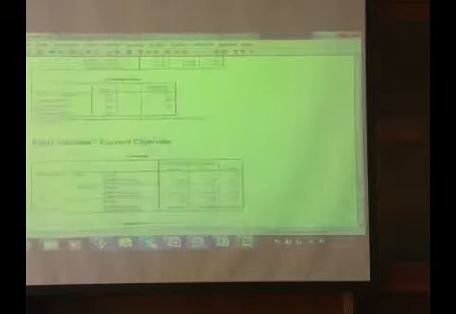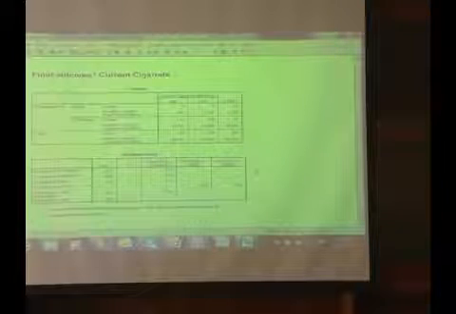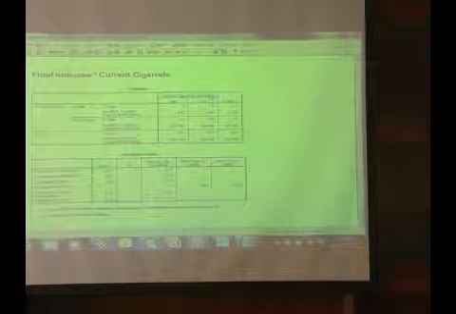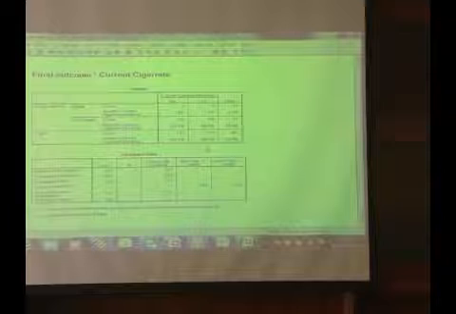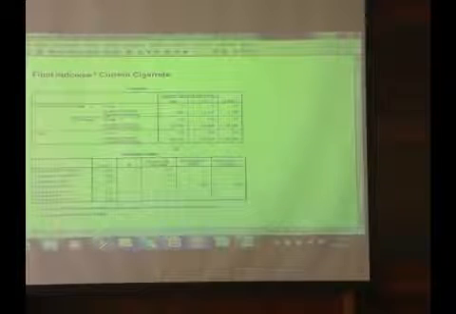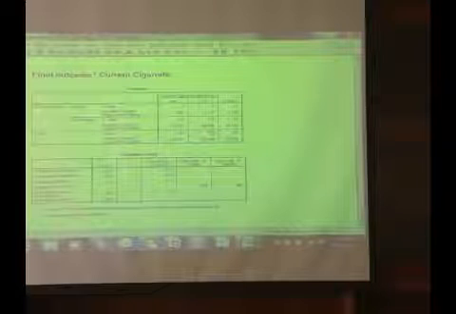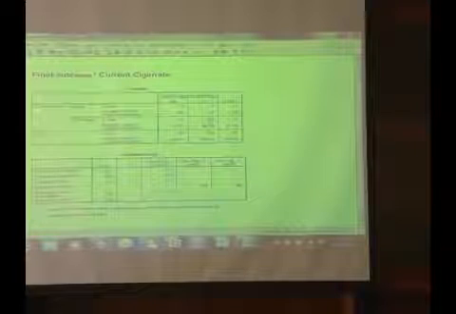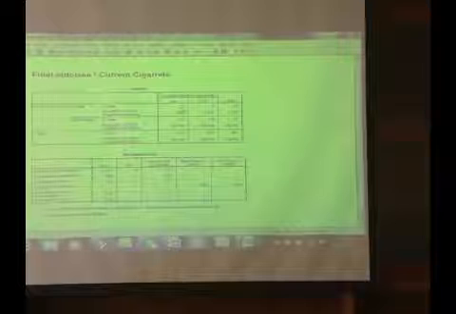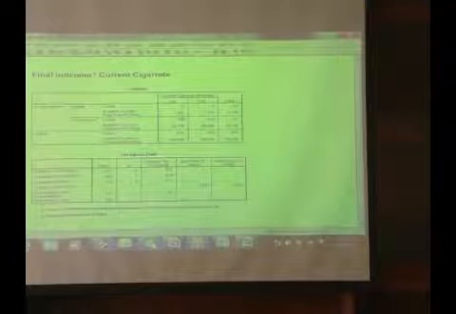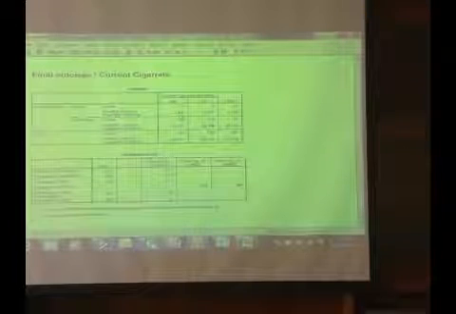To make it more logical to you, let me go to the last one, final outcome. If a person is a smoker, what is the probability of dying? If a person is a non-smoker, what is the probability of dying? So 5 out of 159 is 3.1%. 5 out of 128, it's 3.9%. What does it mean?